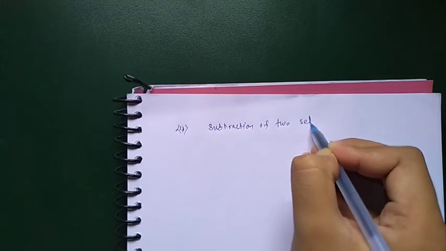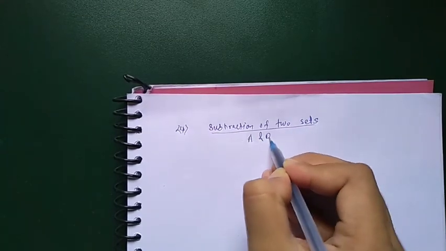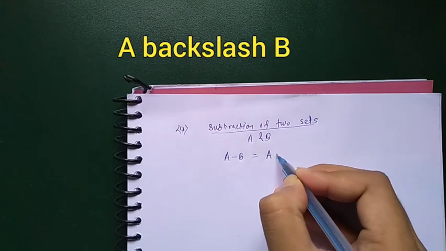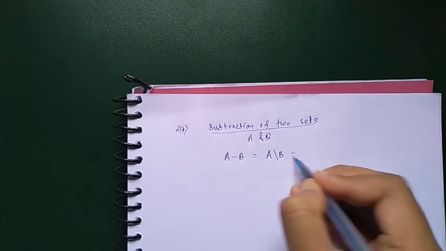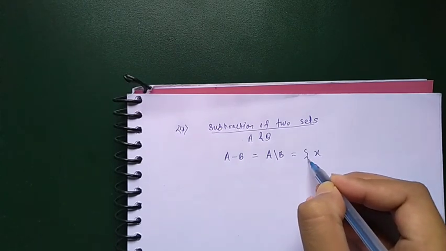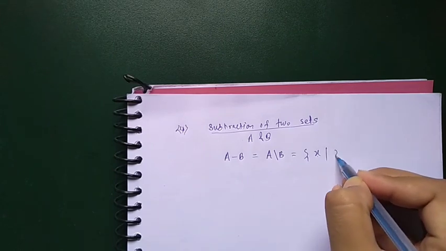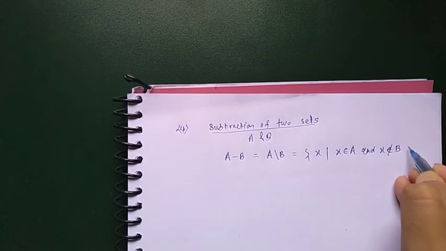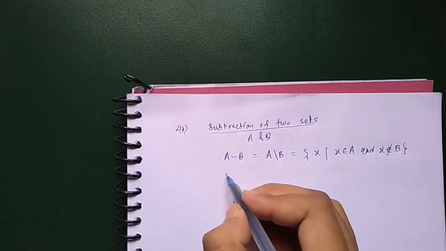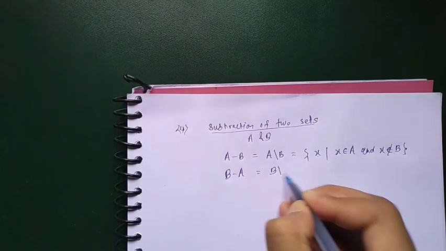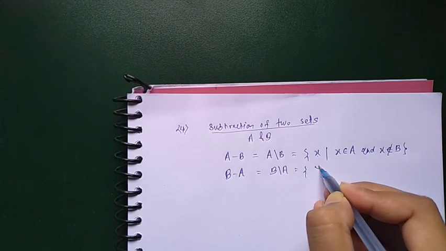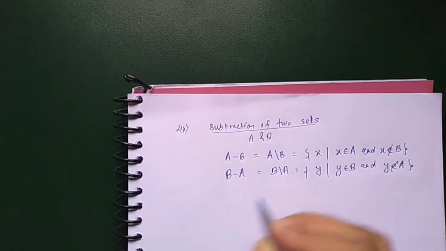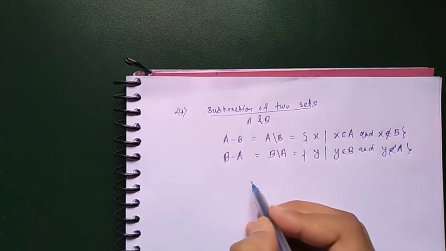Let A and B be two sets, then A minus B, also represented by the symbol A slash B, will be equal to a set containing those elements x such that x belongs to A and x doesn't belong to this second set B. Similarly, B minus A can be given as those elements, say y, such that y belongs to B and y doesn't belong to the set A.